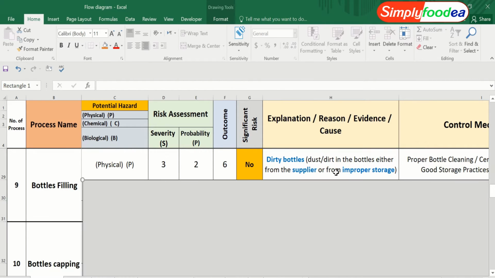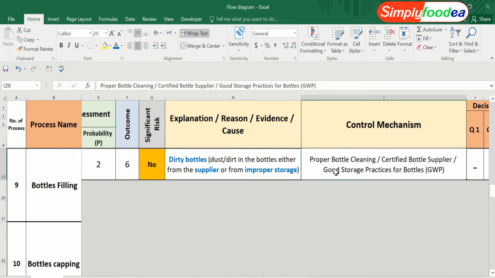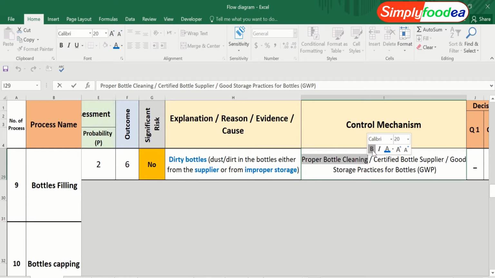So there is a risk from improper cleaning of this process or contamination from the supplier itself. The control mechanism: if I'm cleaning these bottles in my company, the proper cleaning process is very important. Also, there is the certified bottle supplier who complies with our standards, verified by supplier audit.